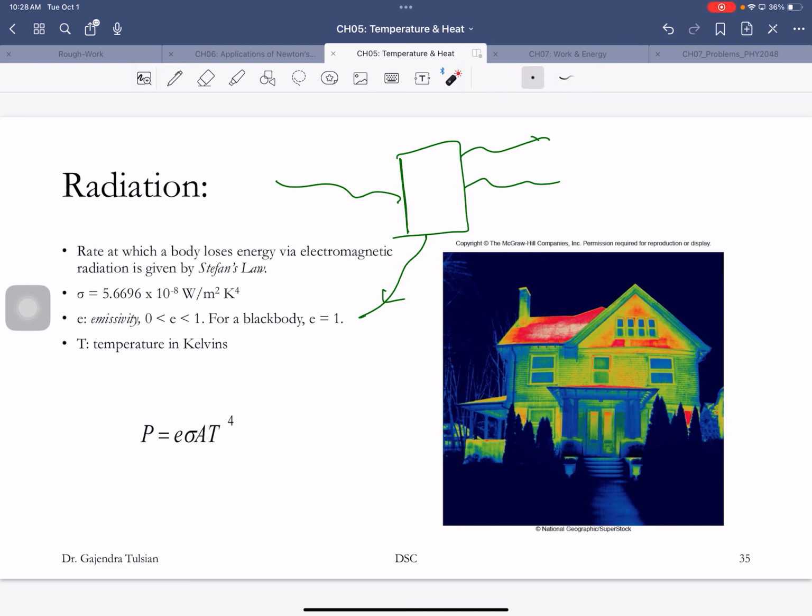This is your body temperature. The amount of heat lost is proportional to your body temperature to the power 4. This is called the emissivity, that's a constant called the Stefan-Boltzmann constant, and this is your surface area.